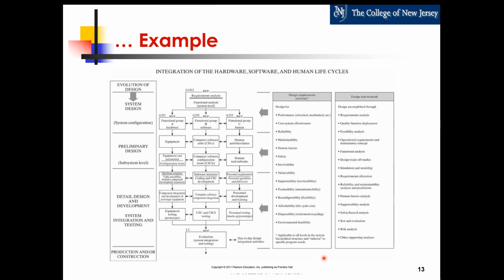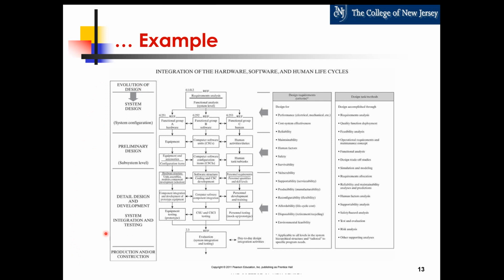Again, this passes the threshold of busy diagrams, but it's here because I do want you to find this picture in the book and study it, and also it ties to the different phases.